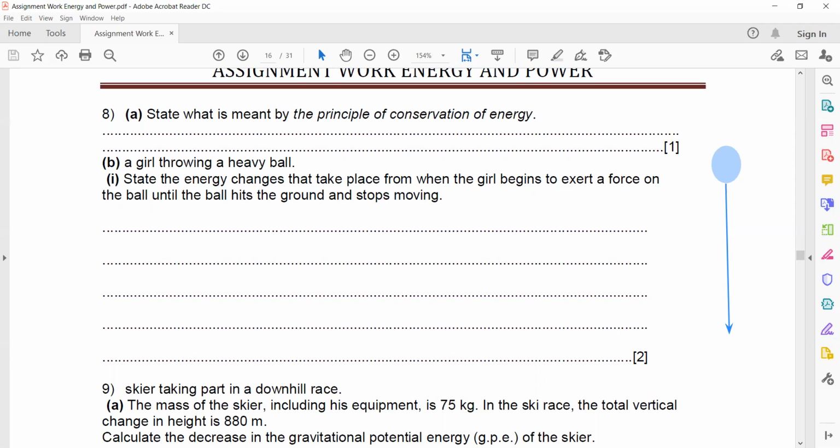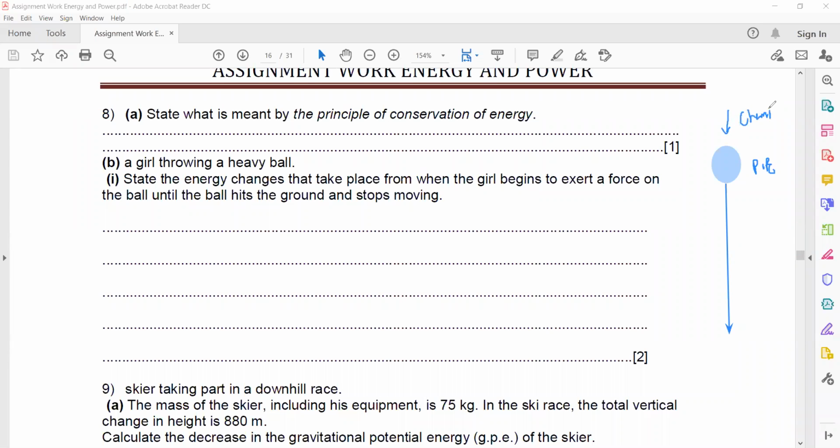Chemical energy. So chemical, gravitational, kinetic, and then, basically not chemical to potential. First it should be, because it is at a certain height, so it is having potential. And a girl pushes, so chemical.